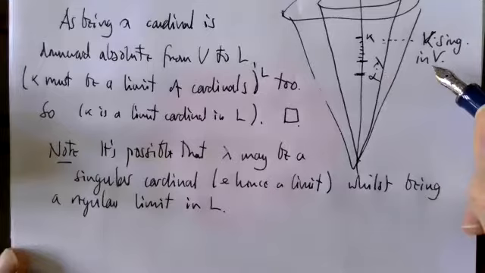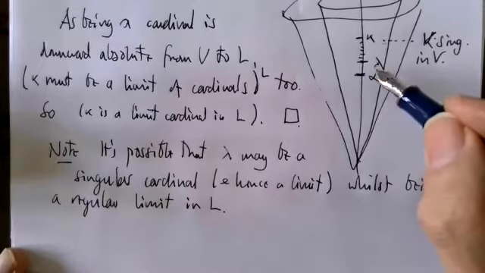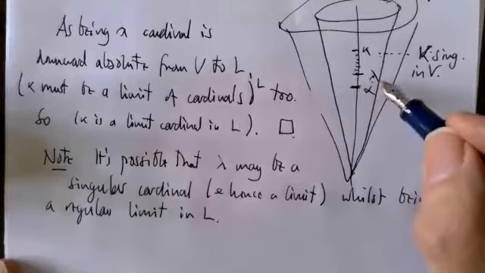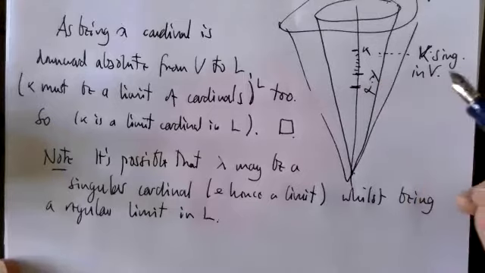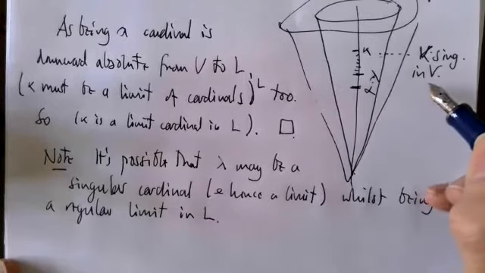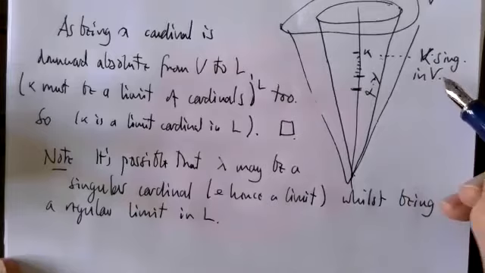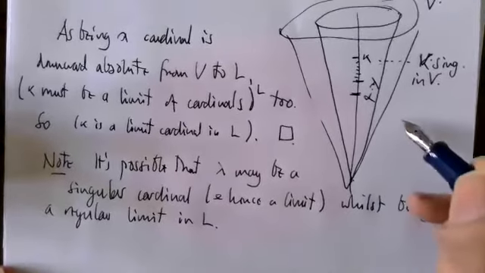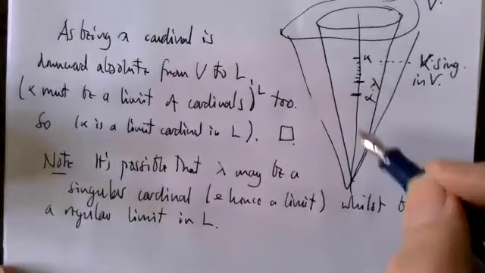If singular cardinals in V are regular in L, then we know that V is not L, but in a very dramatic way. Of course, we know that V is not L because in V there would be a function cofinalizing lambda, which is absent from L.